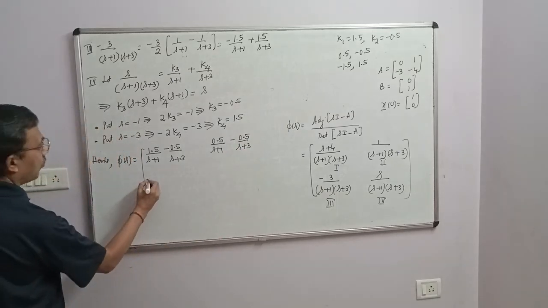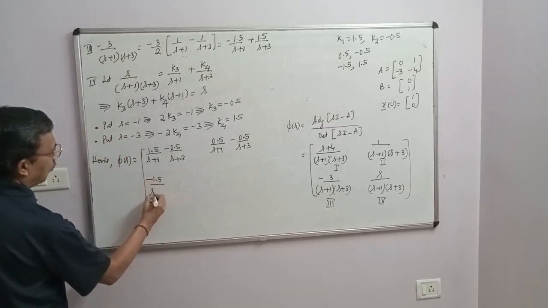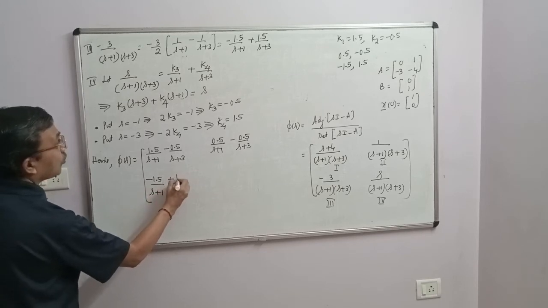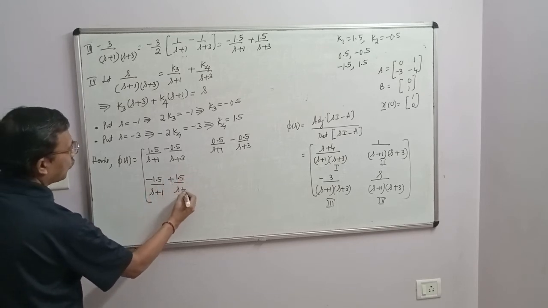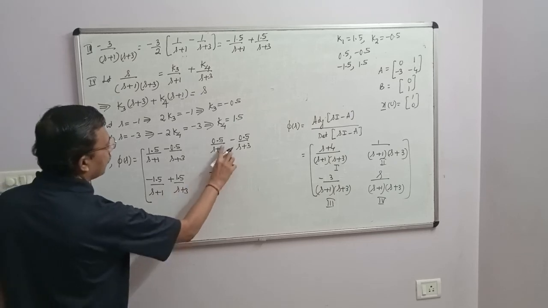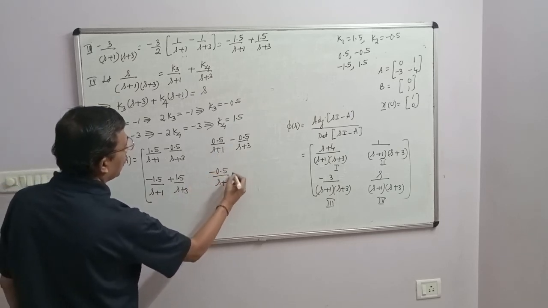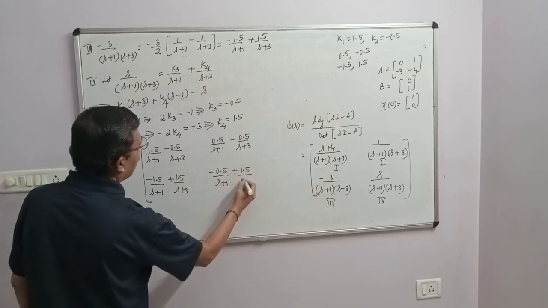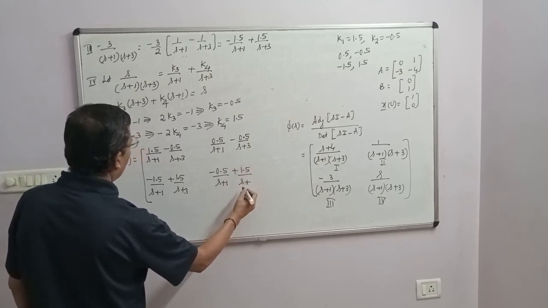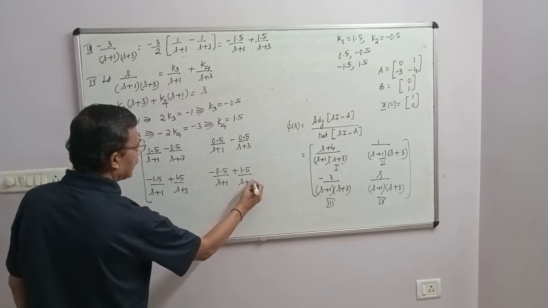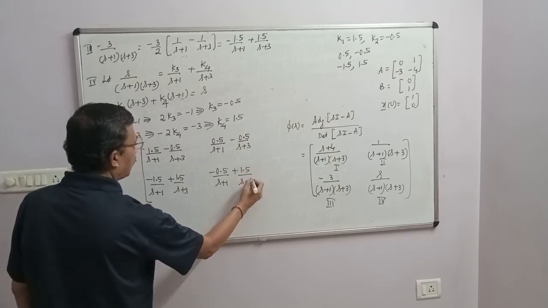Third one I will write as minus 1.5 by S plus 1 plus 1.5 by S plus 3. This is minus 0.5 by S plus 1 plus 1.5 divided by (S plus 1)(S plus 3).